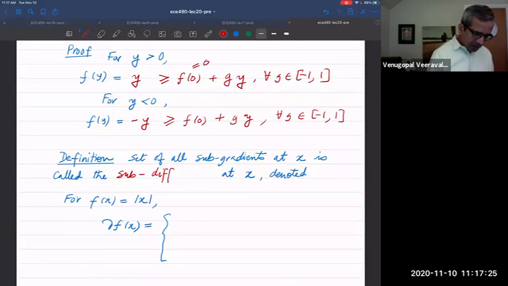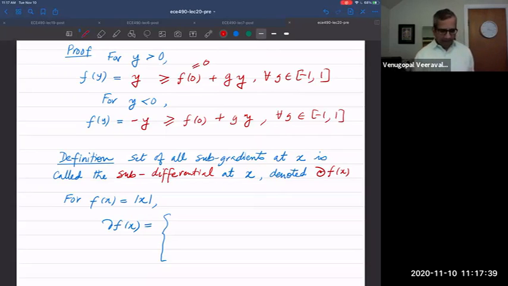It's denoted by this del operator, del f of x. I know we also use the del operator for partials, but that's the symbol that's used for a subdifferential as well. Hopefully, it will not cause any confusion as long as you use it in the right context.